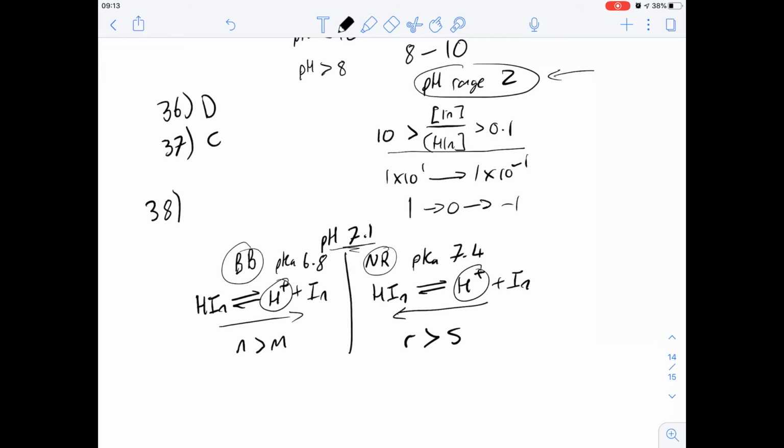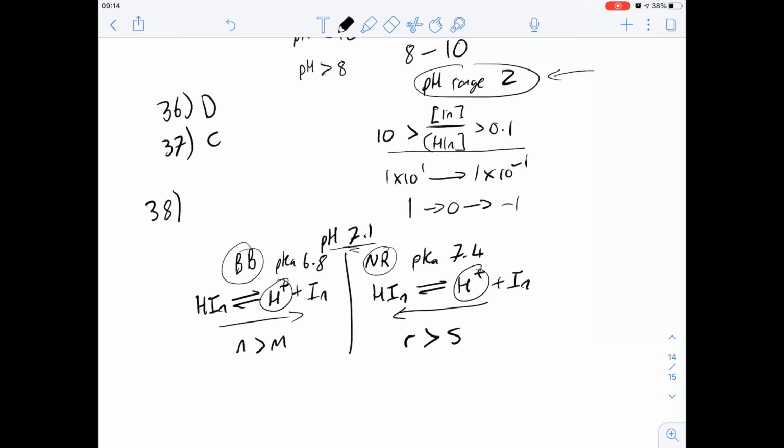So for every undissociated bromothymol blue that dissociates into this hydrogen and the deprotonated form, that hydrogen ion will go on to attach to a neutral red deprotonated form.